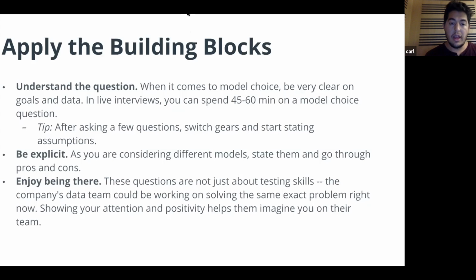I asked a couple, but there gets to a point, especially with these kinds of questions, where if I just keep asking clarifying questions, the interviewer might think, hey, he doesn't know what he's talking about, or maybe he's stalling. So at that point, you want to switch gears and just state assumptions. Assume things about the data, about the business, or assume you'd be able to deploy this complicated model in production.